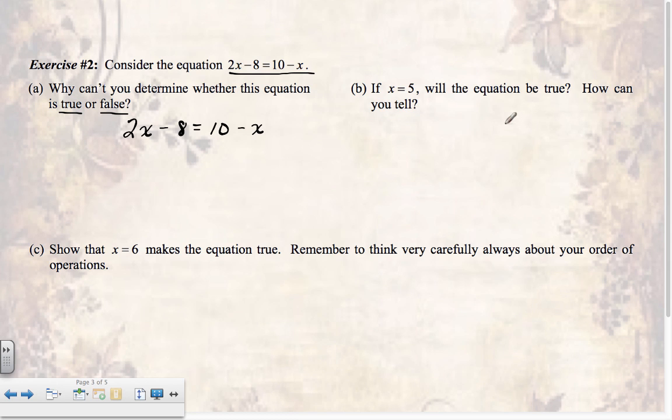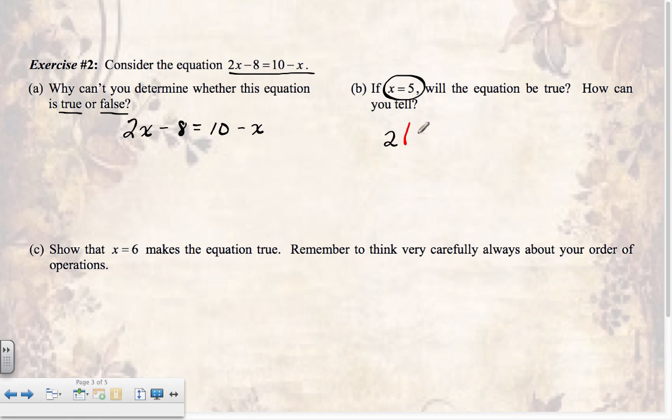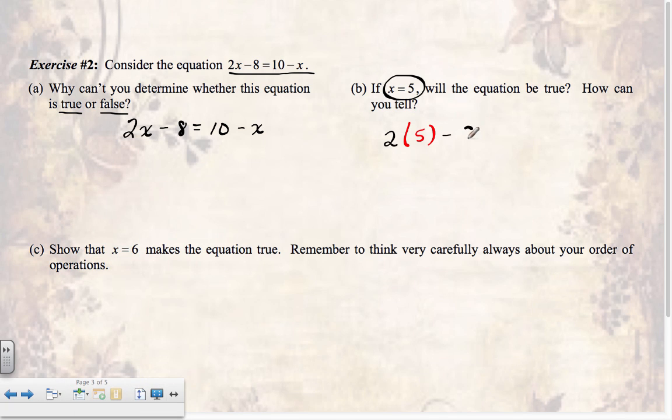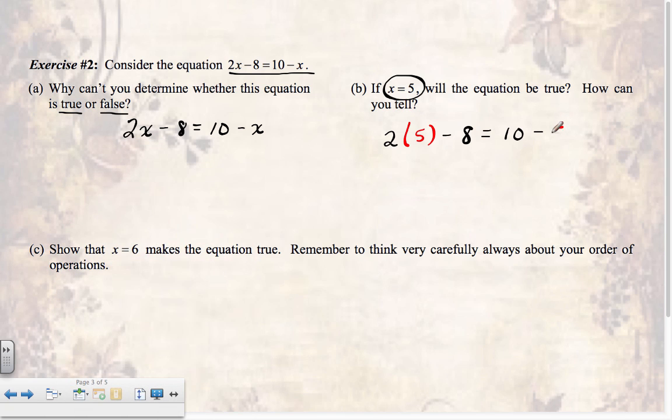Okay, so let's test some things. That's what we're going to ask you to do. How about if we put 5 in for x? Well, 2. Now I'm going to change my pen so I can show you that I'm putting a 5 in for x. Minus 8 equals 10 minus 5.